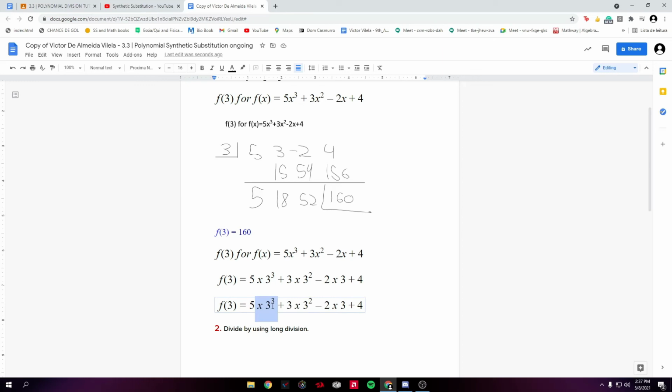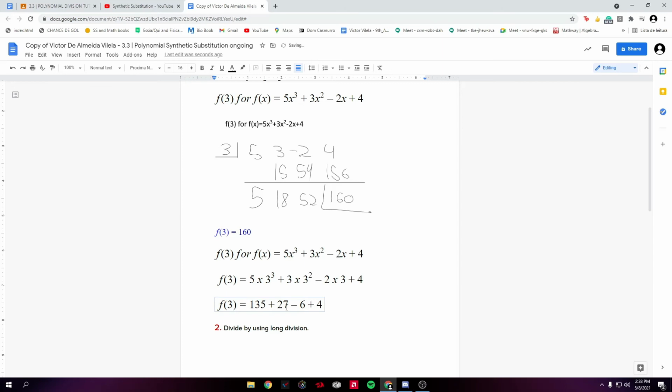So yeah, 27. 27 times 5 is 135. Then we have 9, which is 3 times 3, 3 to the power of 2, times 3, which is 27. And then we have 2 times 3, which is 6.